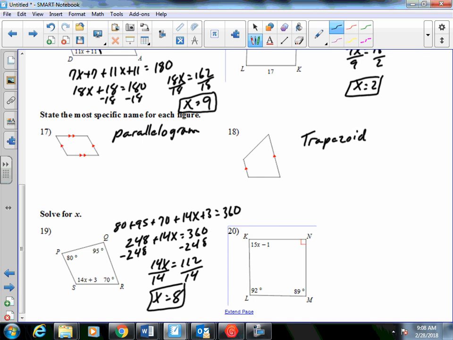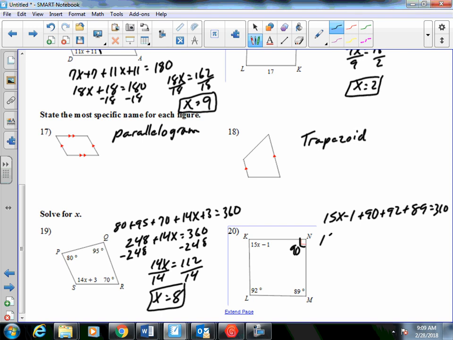All right, then 20. 15x minus 1, a right angle, so we know that's 90, then 92, and 89. Once again, it's a quadrilateral, so all four angles have to add up to 360. So 15x minus 1 plus 90 plus 92 plus 89 equals 360.